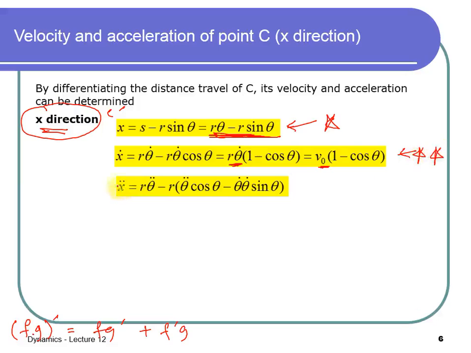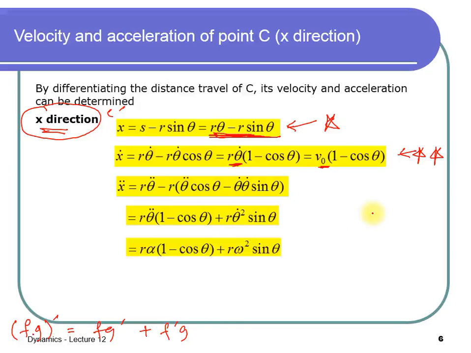It reveals the x double dot, r theta double dot, and then we rearrange the equation, and again you rearrange the equation, and then you notice that theta double dot is actually angular acceleration, and theta dot is actually angular velocity.